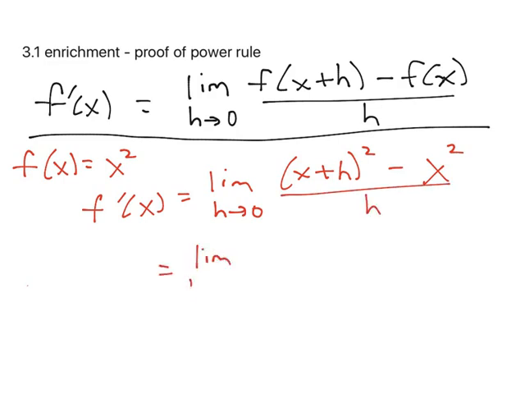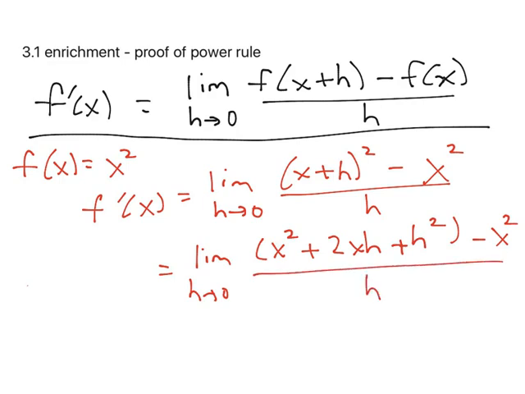That equals the limit as h goes to 0 of x plus h squared, which is x squared plus 2xh plus h squared, minus x squared over h. The x squared terms cancel, and we end up with the limit as h goes to 0 of 2xh plus h squared over h.